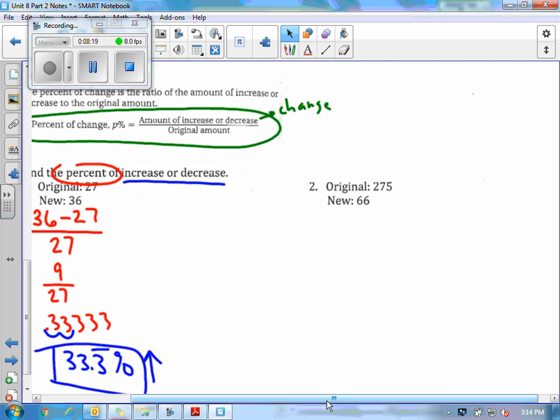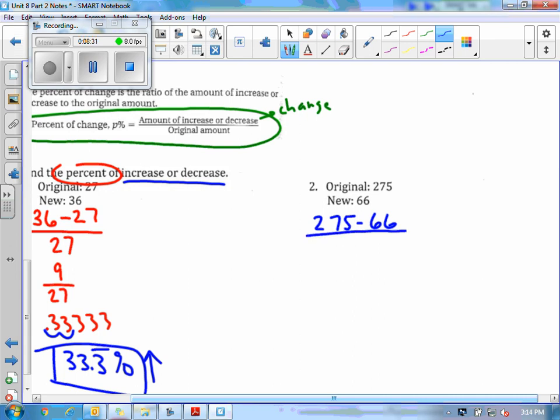Going over another example, my original is 275, my new value is 66, so I need to do the change, which is big minus little, bigger number minus small number, over the original, which is 275. 275 minus 66 is 209, and then in my calculator I can divide that by 275, and I wind up with 0.76.